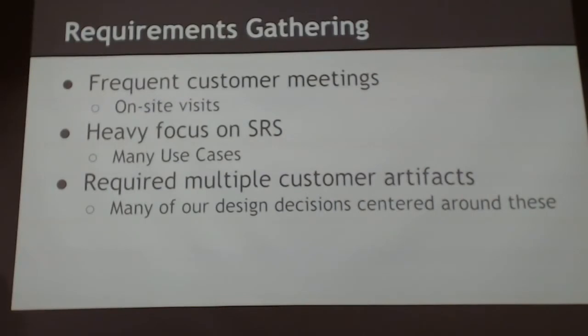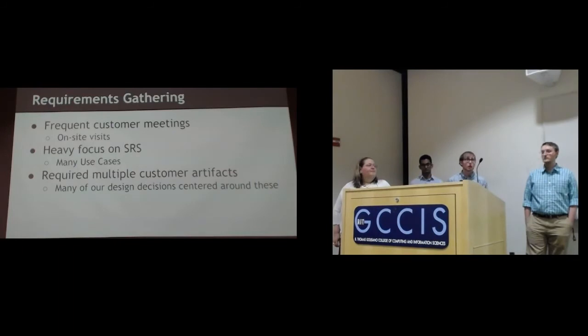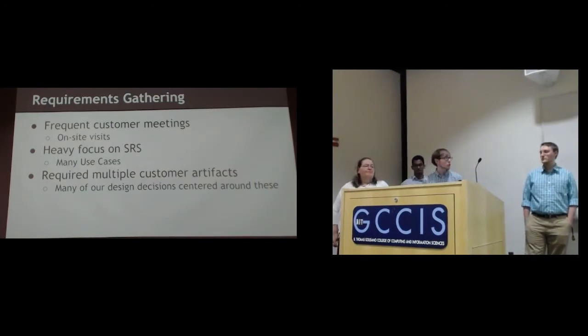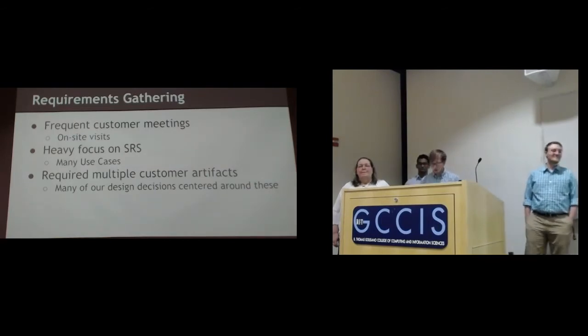As Peter mentioned, requirements, that was a huge phase for us. It took us a total of about 6 weeks to finally nail down our SRS. We gathered those requirements through weekly meetings with our product owner and through a couple of on-site visits to speak with our end users. Through these meetings, we developed an SRS, and that was heavily our focus.